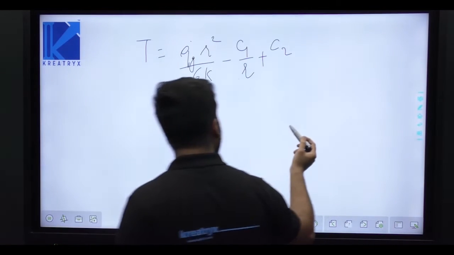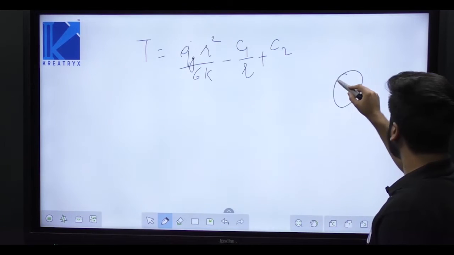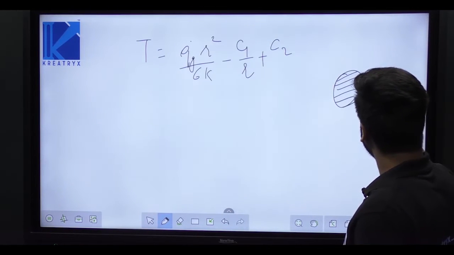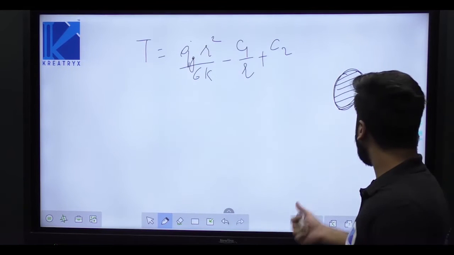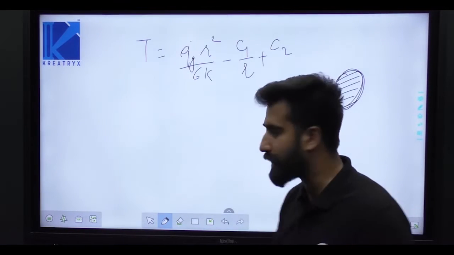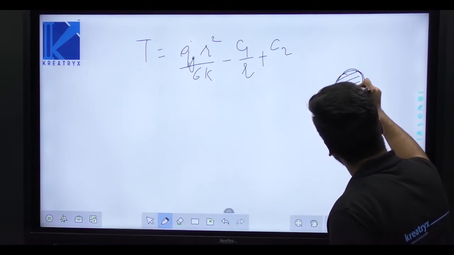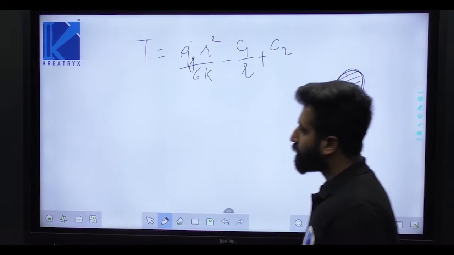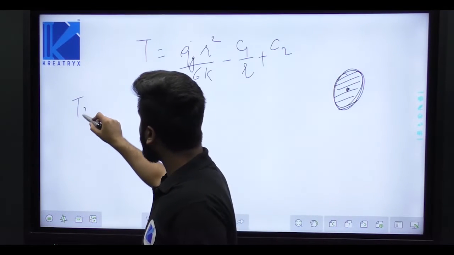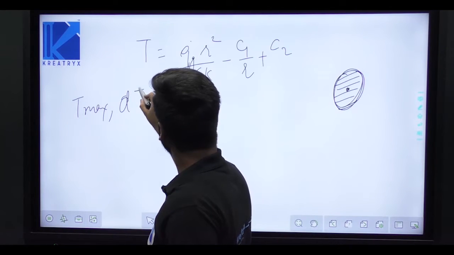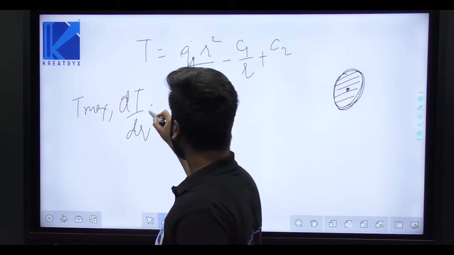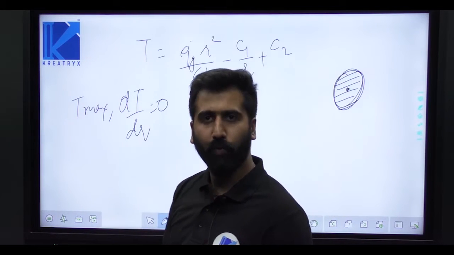So this is a spherical orange, and the heat is generated in it from within the center. So where the temperature is maximum, dt by dr is 0.